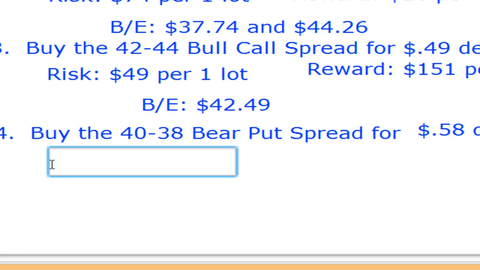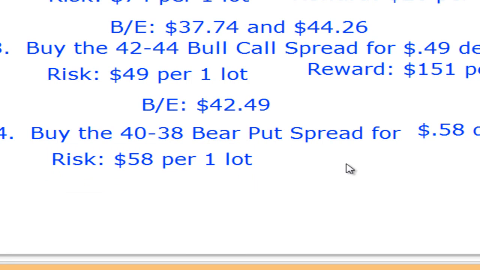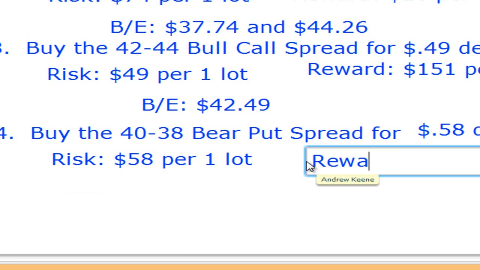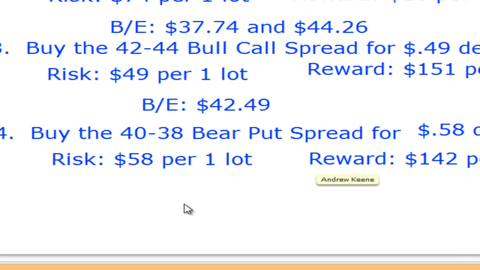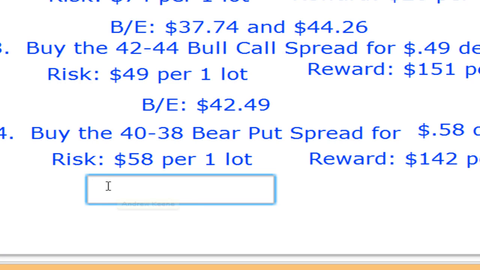My risk on this trade would be $58 per one lot. My reward on this trade would be $142 per one lot. Okay, I have a break even on this trade of $39.42.